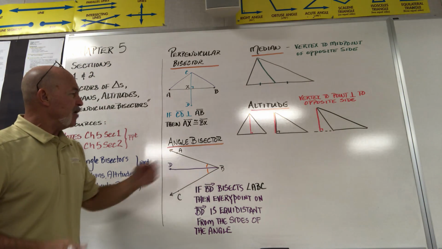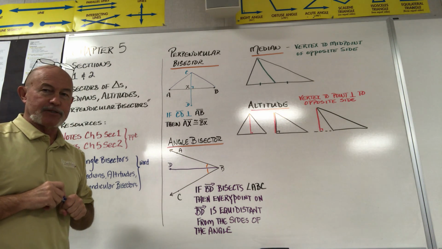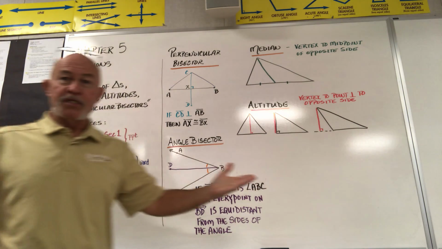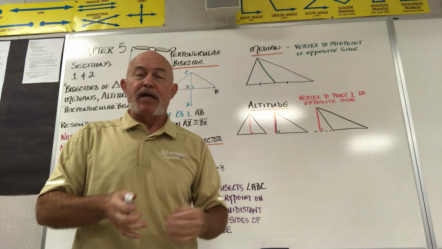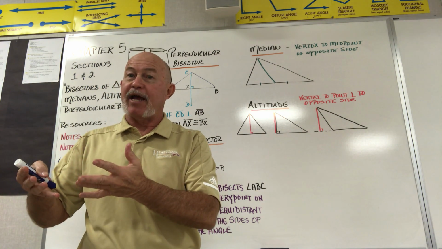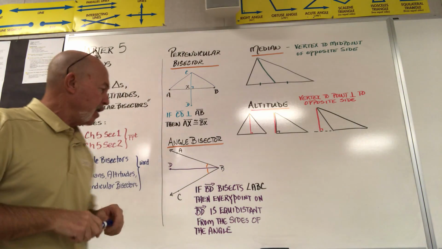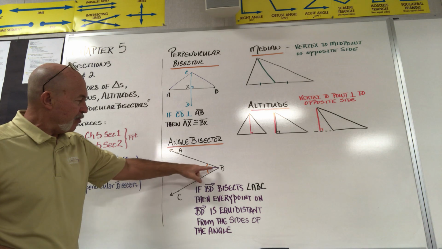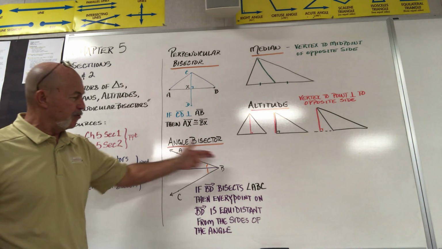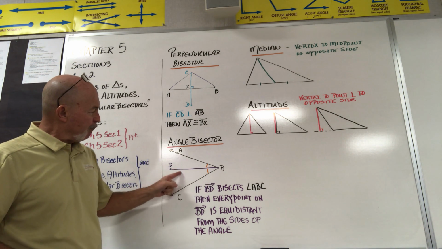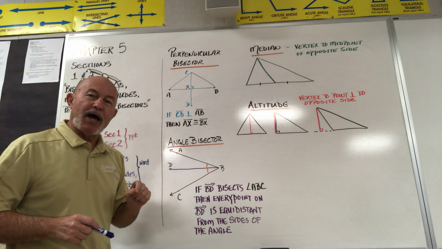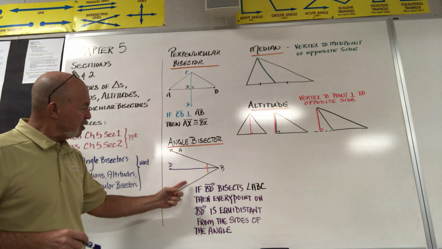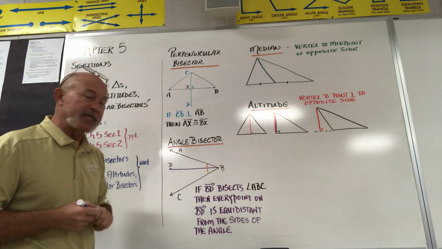If you have an angle bisector, once again, as the name implies, it bisects, cuts in half, an angle. But the cool part about this is, if this is bisecting this angle, then every point on that bisector is equidistant from the sides of the angle.